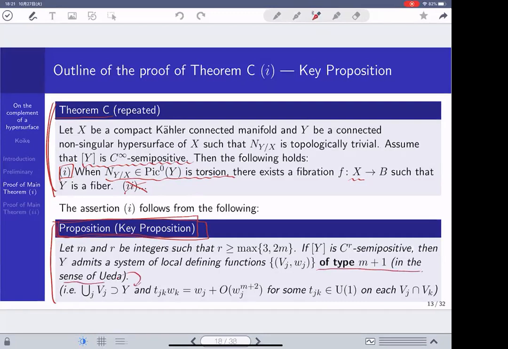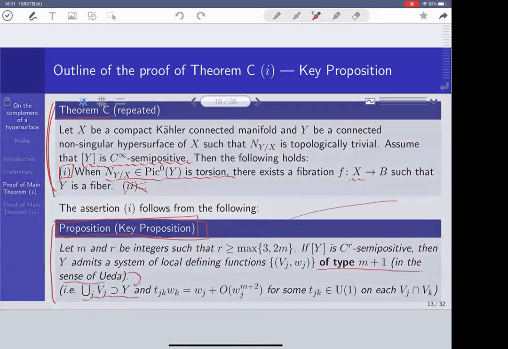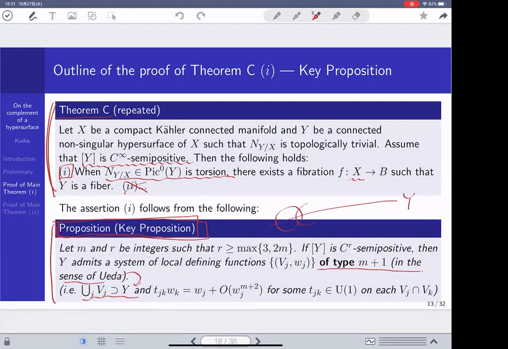Which means that Vj covers the neighborhood of Y. And for each local defining function, the transition of them is a unitary rotation modulo M plus 1 jet. I mean, up to M plus 1 order jet, the transition of Wj's are unitary rotation.